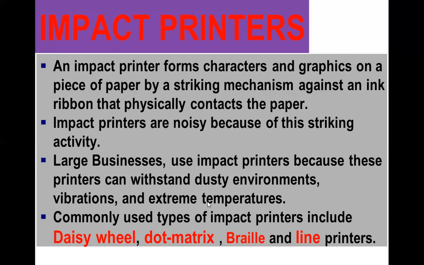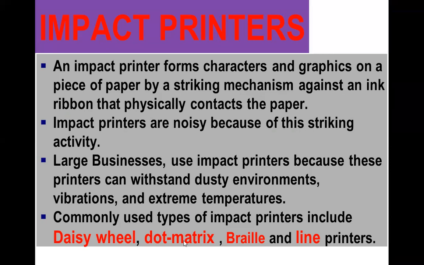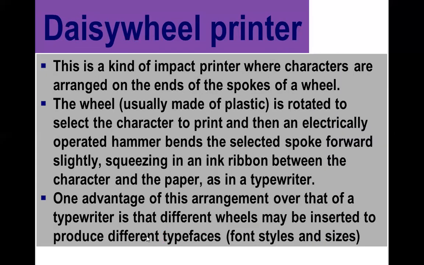Commonly used types of impact printers include the daisy wheel, the dot matrix, the braille printers, and then the line printers. With daisy wheel printers, characters are arranged on the ends of the spokes of the wheel.